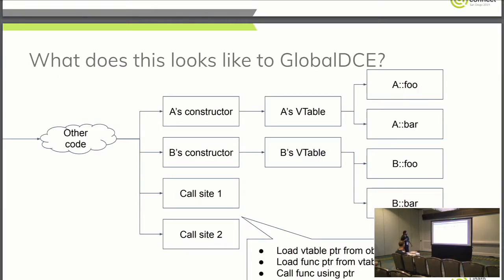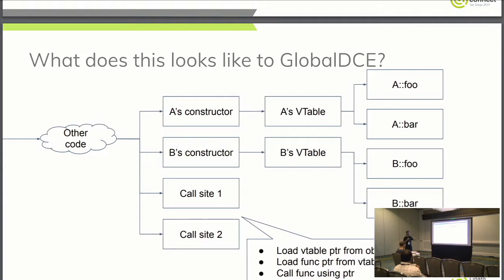And this is why. This is what it looks like to global dead code elimination, which is the LLVM pass we'd normally expect to be able to remove completely unused functions, global variables, that sort of thing. So you've got two constructors for the two classes, which take the addresses of each class's vtable, which contain pointers to every virtual function. And then separately, we've got the call sites, which don't have any references to anything.